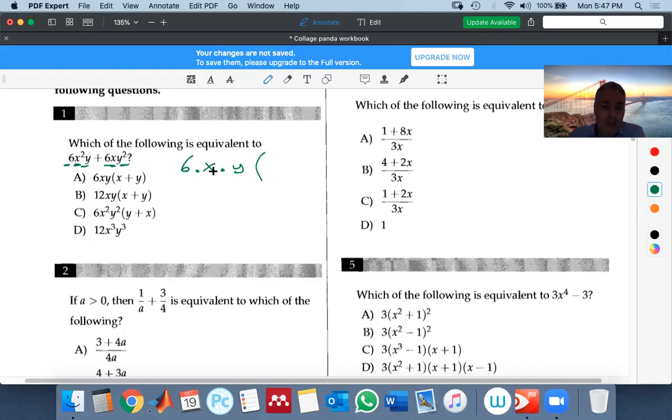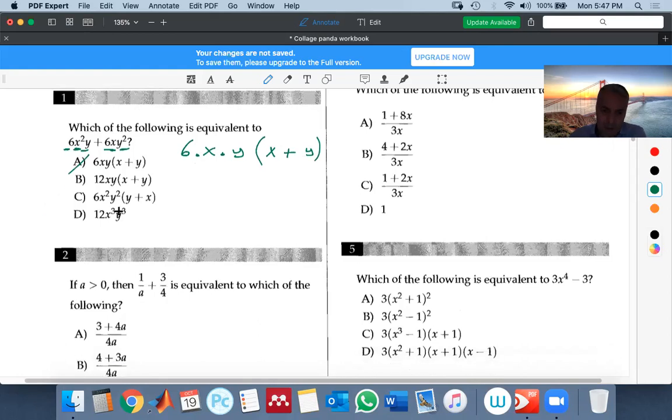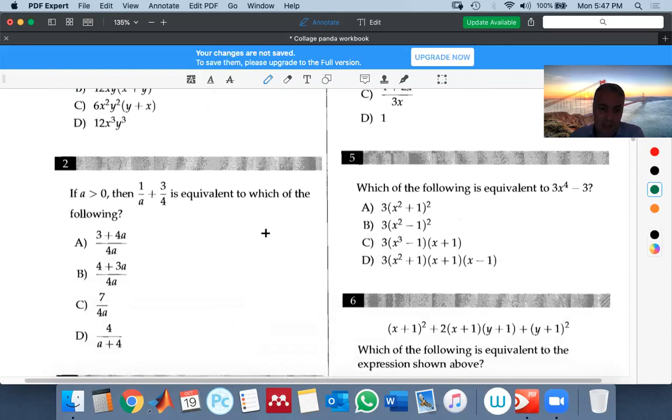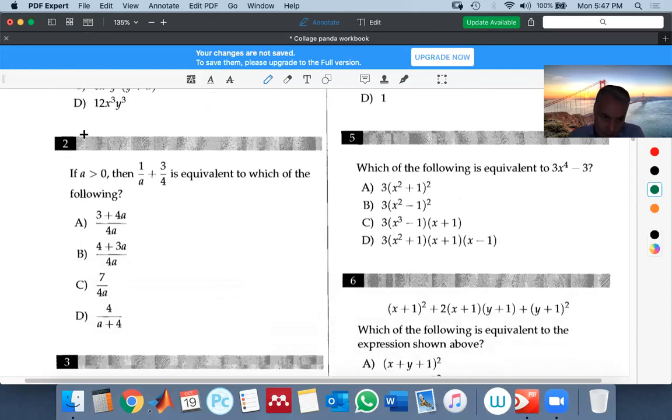You have x. To get the x squared, you use x, y, and y. It's okay. Plus, 6, we use x, we use y squared, but I have y, so this is that. That's it. The answer is A. If not clear, you can ask me. I can explain again. Part B, sorry, question 2.